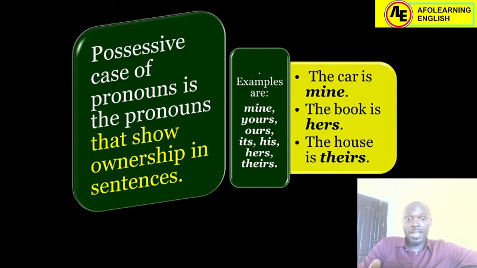These are examples of possessive case of pronouns. So let's take a look at some examples. The car is mine, the book is hers, and the house is theirs.